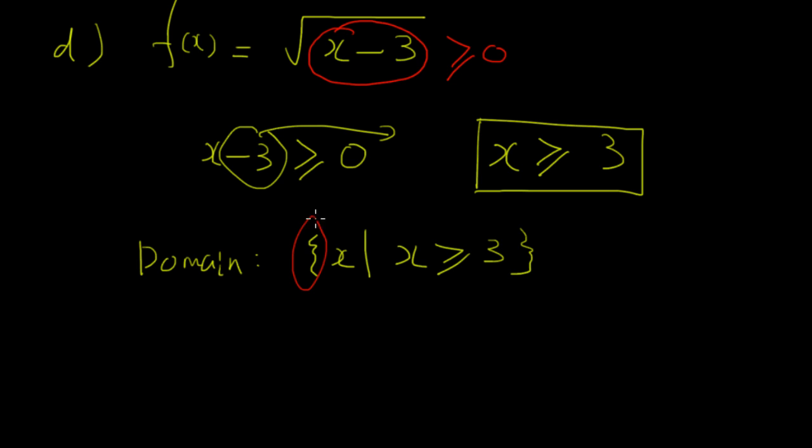Well, this brace is a set notation, and within that set we're going to have a bunch of x. That's what it means. And this bar right here is saying I'm going to tell you what this x is right next to this bar, and that x must be greater than 3. It's kind of weird notation, but that's what they use. If you put it like this, your professor will be very happy to see the proper way of writing these things. So why don't we use it like that, right?